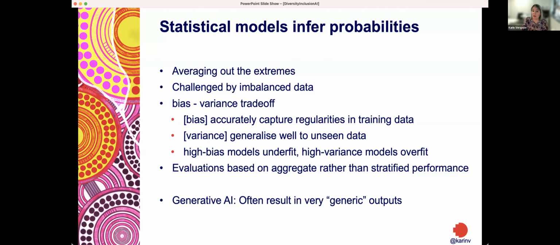We also need to be thinking about evaluating along different levels of stratification. We can do a really good job of capturing the patterns that are very common in the data, and a less good job of capturing the patterns that are less common.